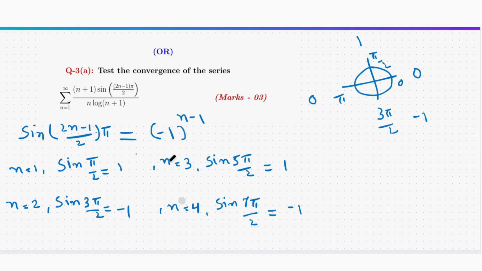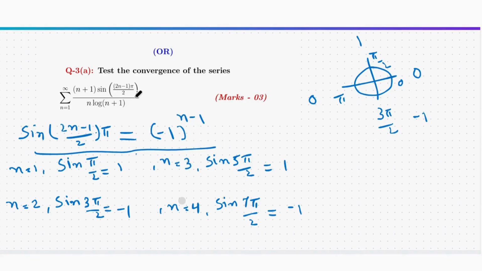Put n equal to 3, we get plus 1: 3 minus 1 means 2, and minus 1 raised to 2 is positive 1, and so on.